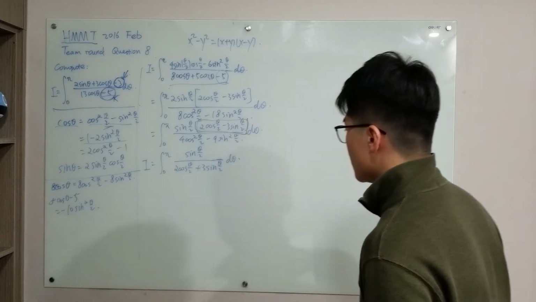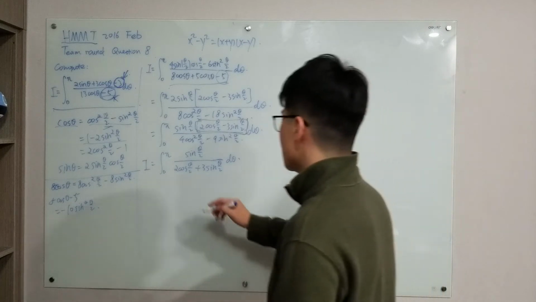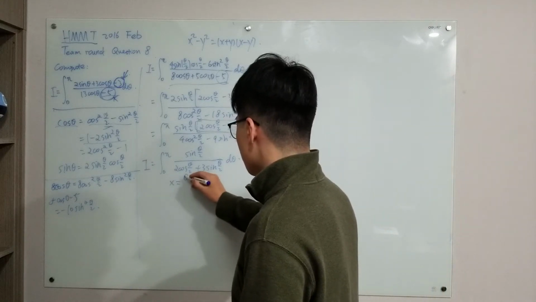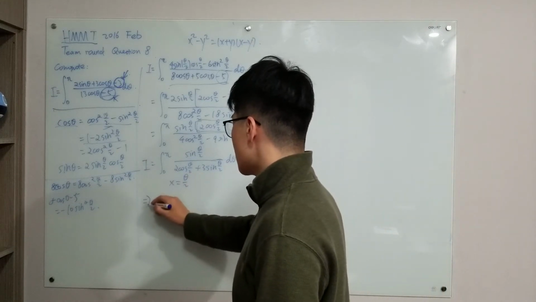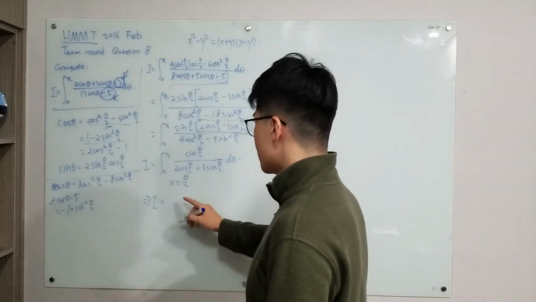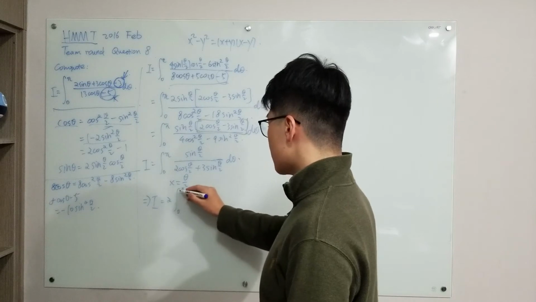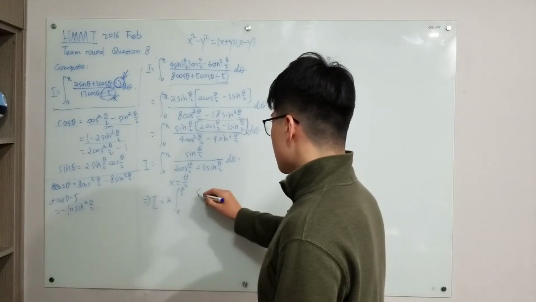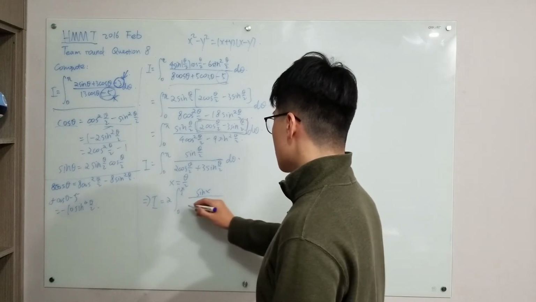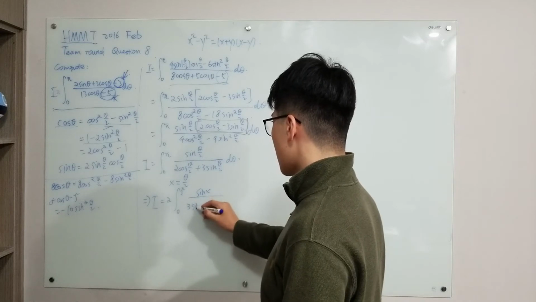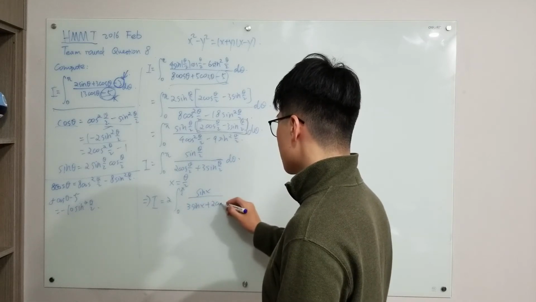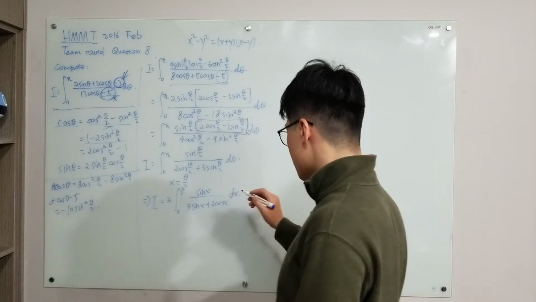Let's make it much nicer. Let x equal theta over 2, and this transforms our integral into 2 times the integral from 0 to pi over 2 of sine x over 3 sine x plus 2 cosine x dx.